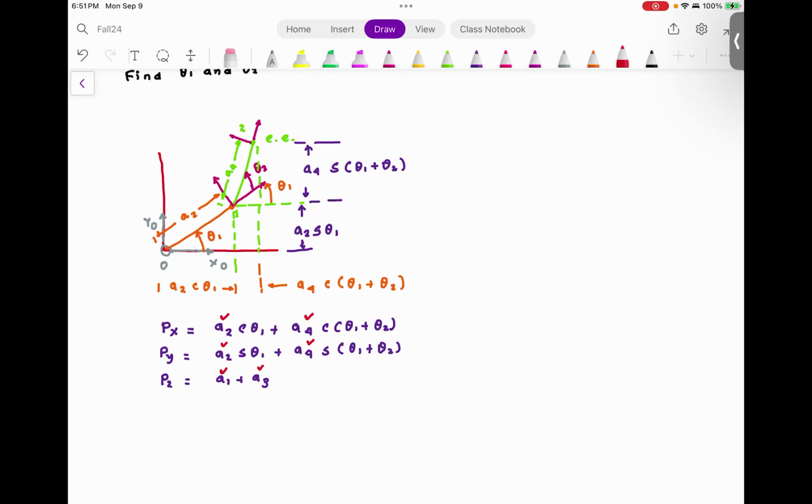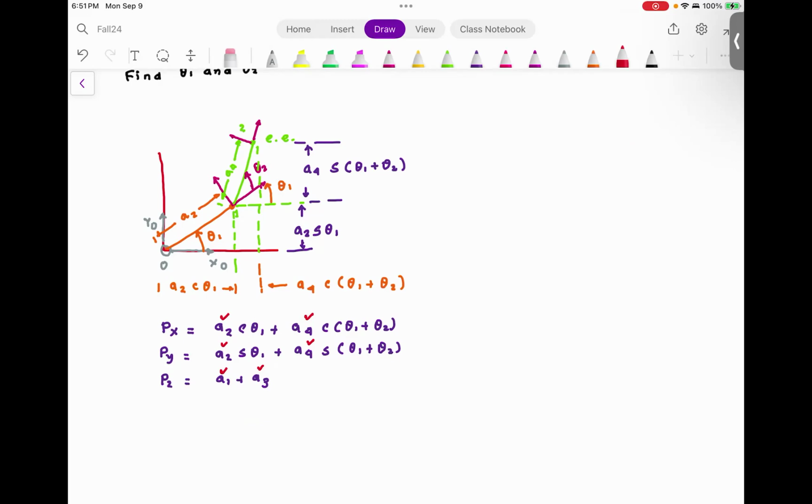Everyone understood this? Yes. This is the forward kinematics problem. In the inverse kinematics problem, what I'm going to do is substitute the numerical values for Px, Py, and Pz, and I will try to get the values of theta 1 and theta 2.